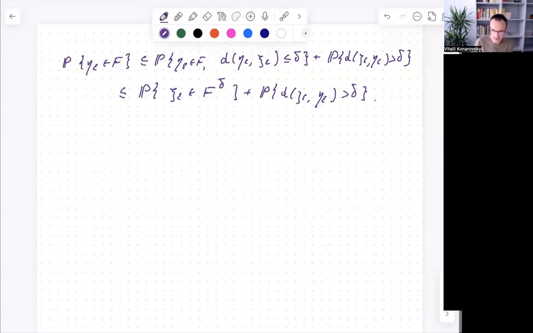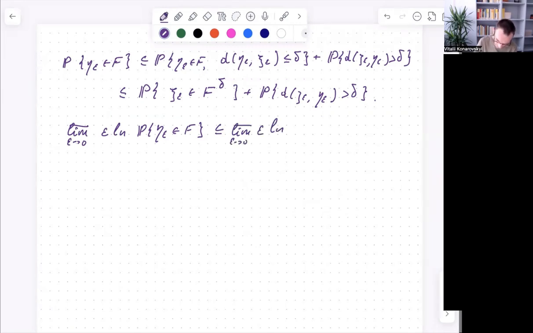And this is for every epsilon. Now using the exponential equivalence, and the fact that this set is closed, you can consider as an exercise to prove that the closed delta neighborhood is a closed set, we see that the limit as epsilon goes to 0 of epsilon logarithm of the probability that eta epsilon belongs to F is estimated by the limit supremum of epsilon logarithm of a sum of two probabilities.